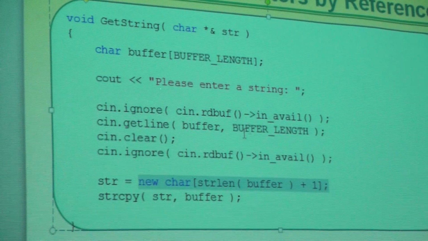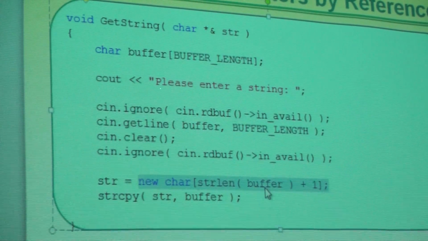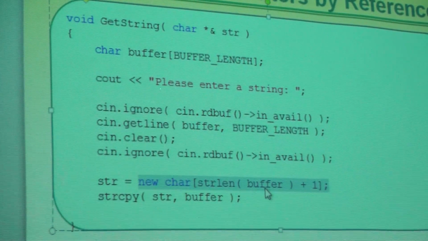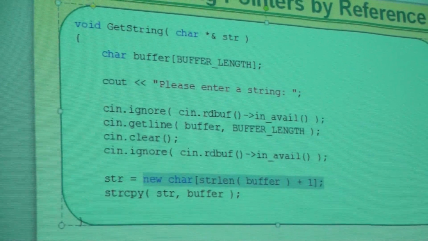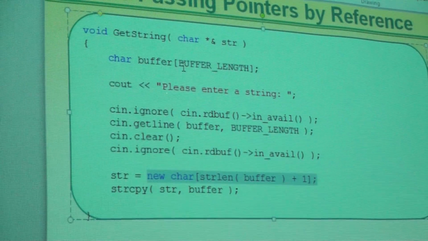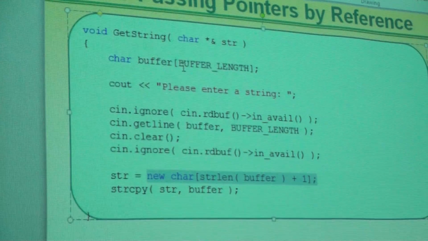In other words, this says string length of buffer. Well, let's pretend that the buffer length is actually 500. And we type in Mary in response to please enter a string. So Mary is what's in here, right? So how much memory will the new actually allocate? 5.